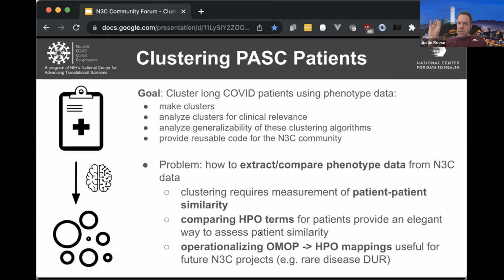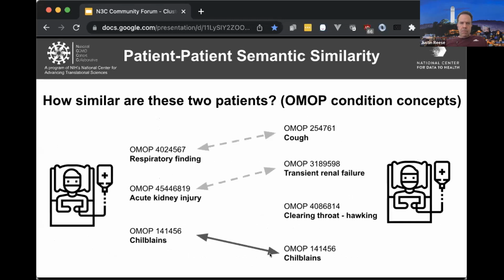And so, being that we can do that, we can compare the HPO terms for any two patients. And this is, as I say here, sort of an operationalization of those OMOP to OBO mappings that Tiffany and Andrew have made available.